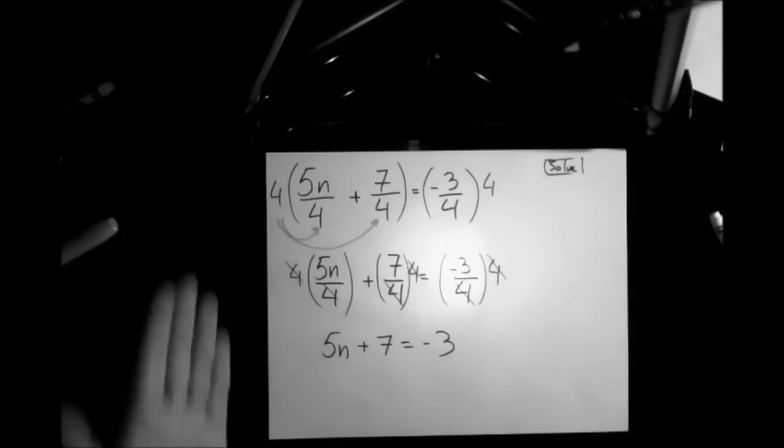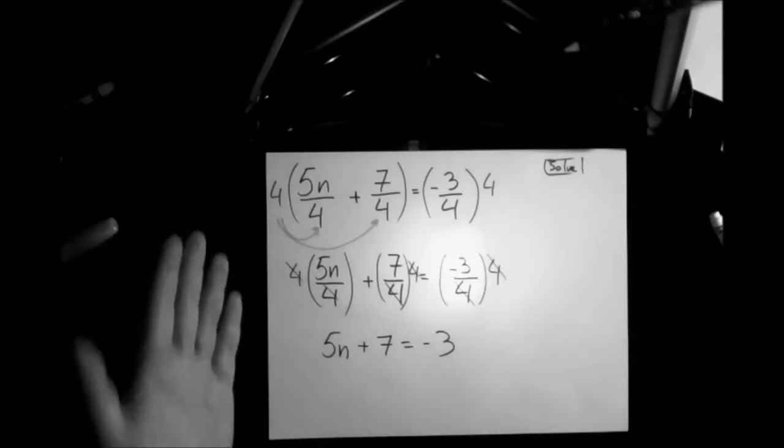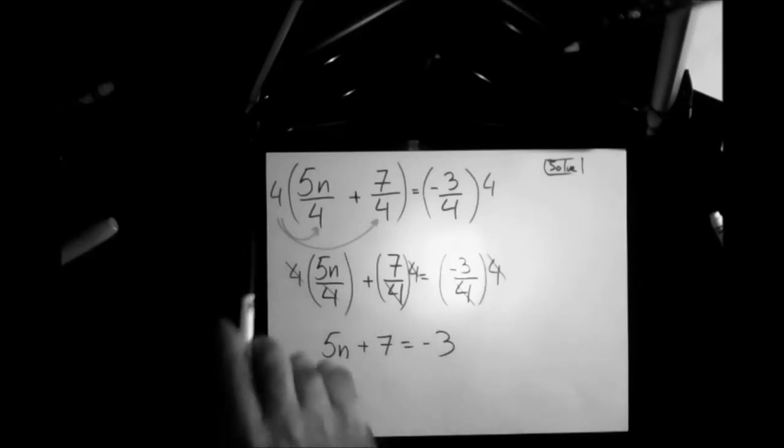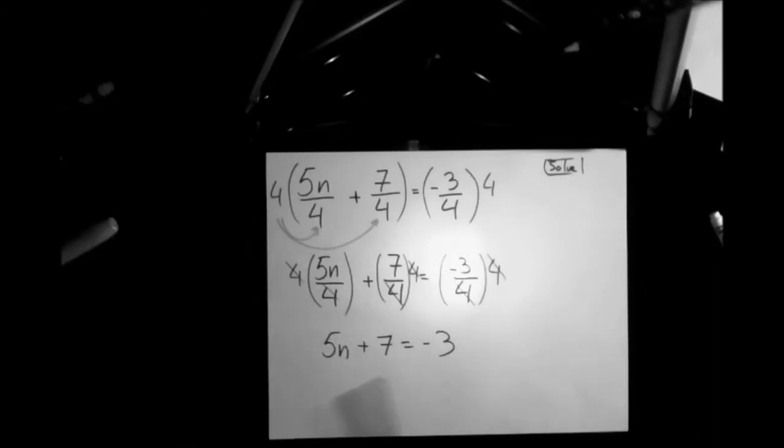So if I multiply this equation, and remember in equations, if I multiply something, I've got to multiply everything, both sides, they all go away. All my denominators go away. So if I multiply the left side by 4, the right side by 4, and distribute the 4 on the left side to both terms there, that's it. No more denominators, and now I have this. Well, this is a lot easier to work with. This is a two-step equation, and we've done plenty of these.